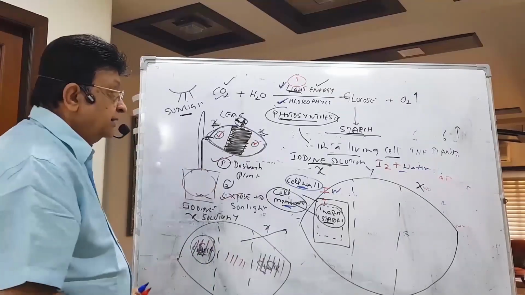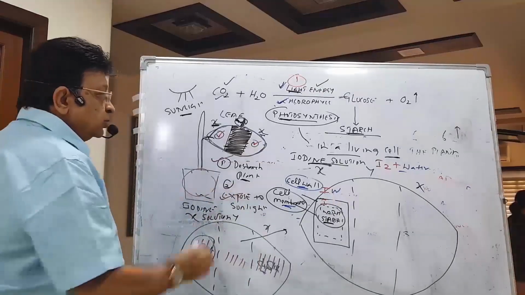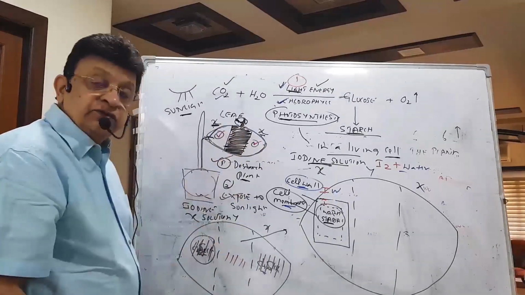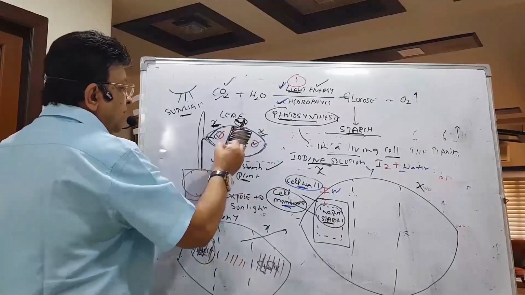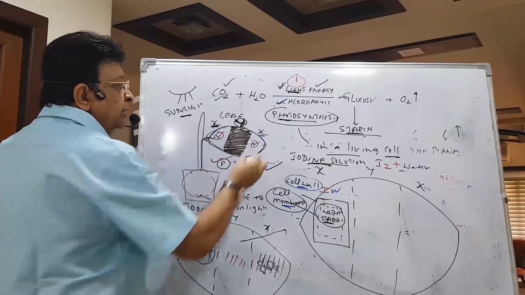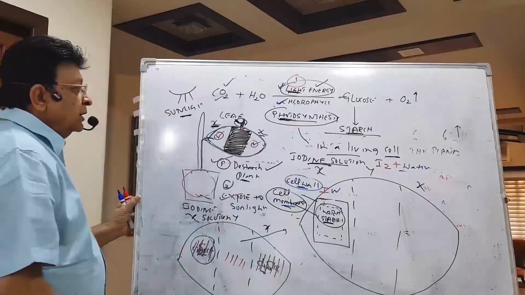I will repeat everything again. When I was told that I'm supposed to de-starch a plant to make sure that the experimental leaf is free of starch, I de-starched the plant. Then I covered it with a black paper to demonstrate that light is required for photosynthesis.